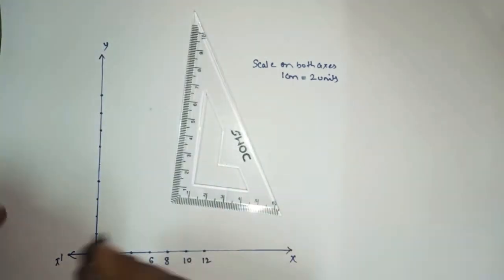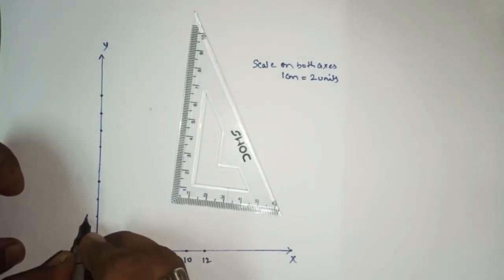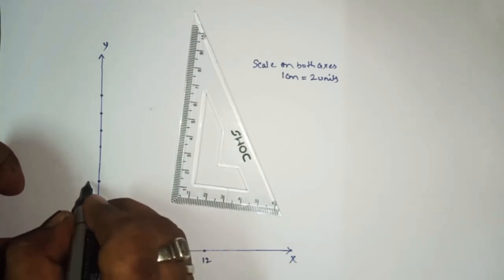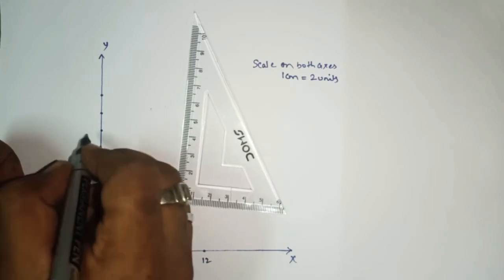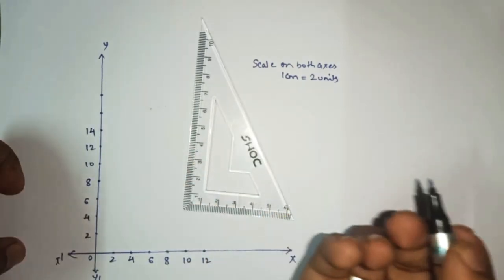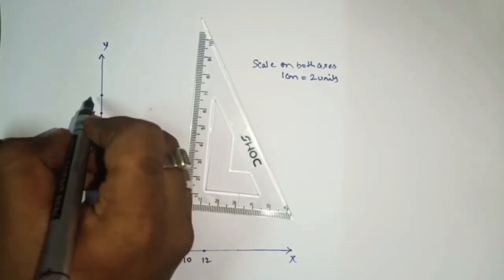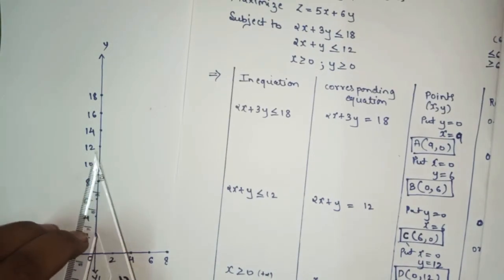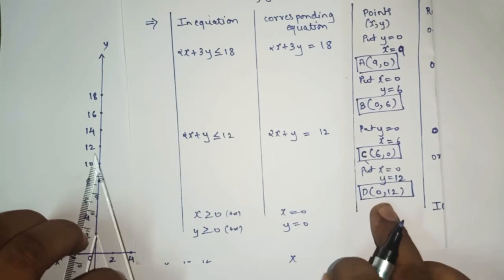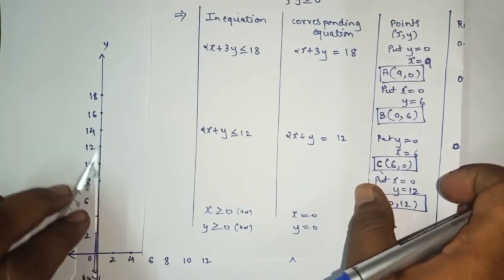So we'll take now 2, 4, 6, 8, 10, 12, 14, 16, 18. As the highest value for y was 12 only, you can write till 14.